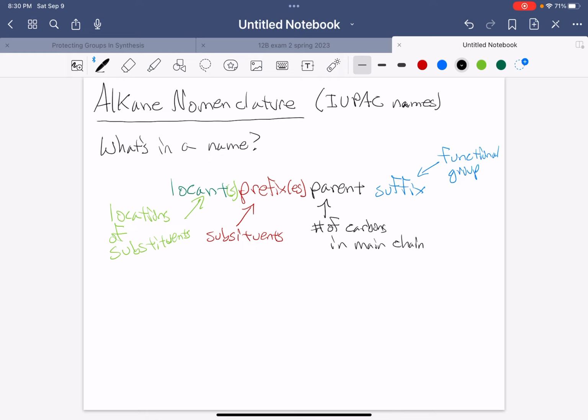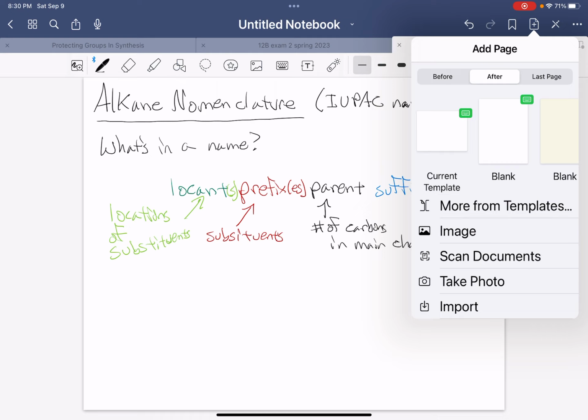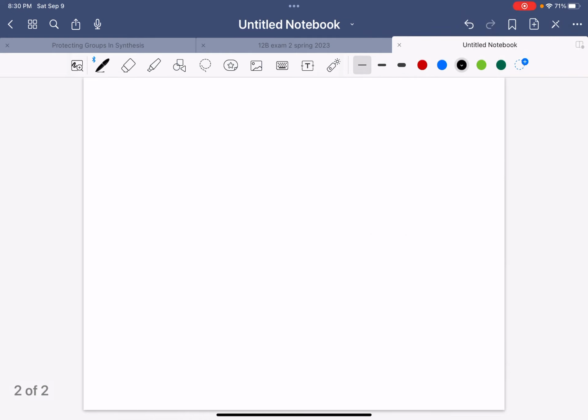Now, there are some rules for nomenclature. So let's go ahead and take a look at these rules step by step.